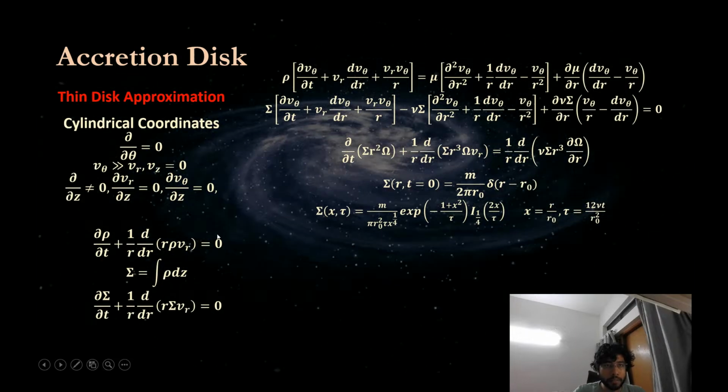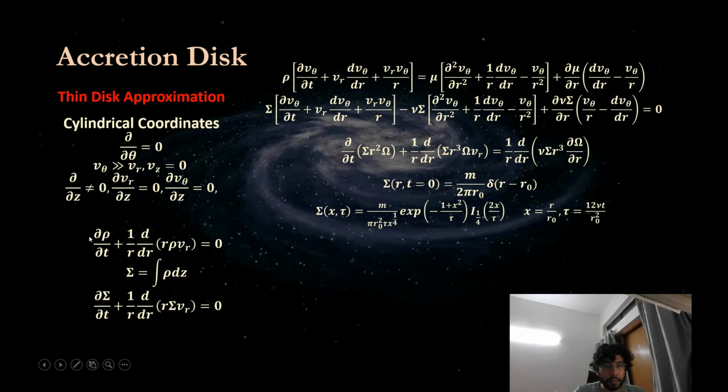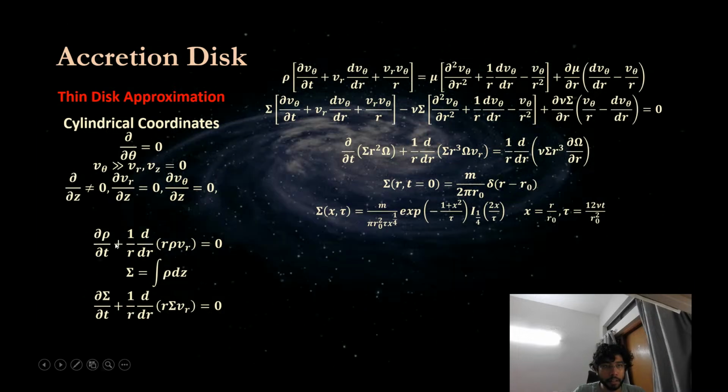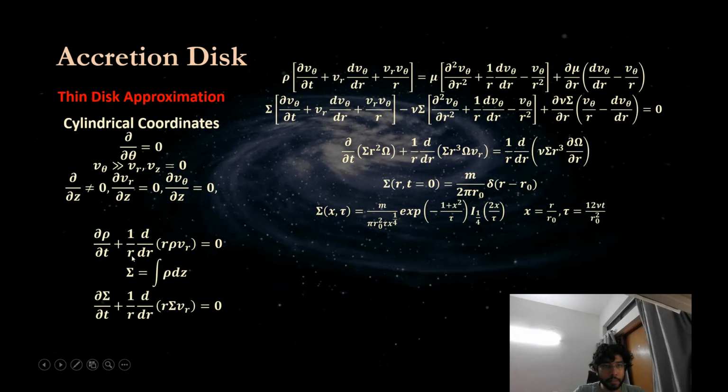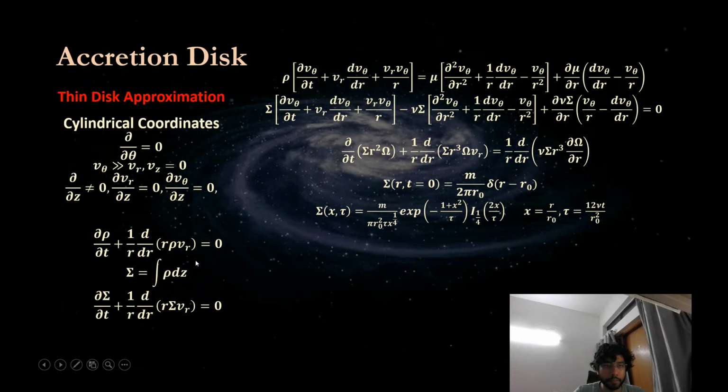Okay, so this is how the continuity equation will reduce: del rho del t plus 1 by r del r of r rho v r equals 0.